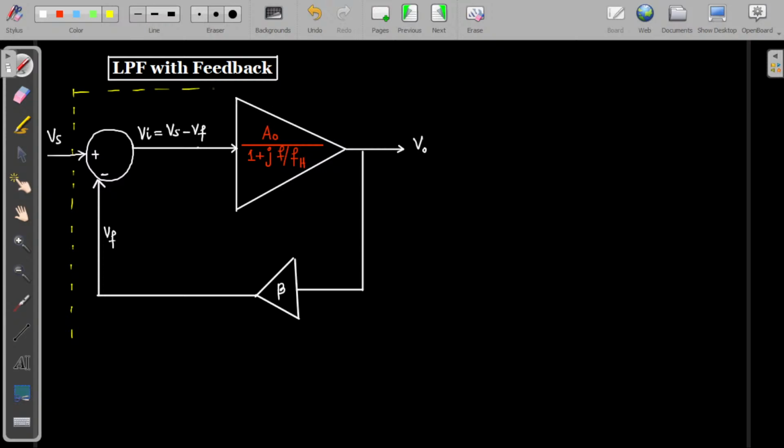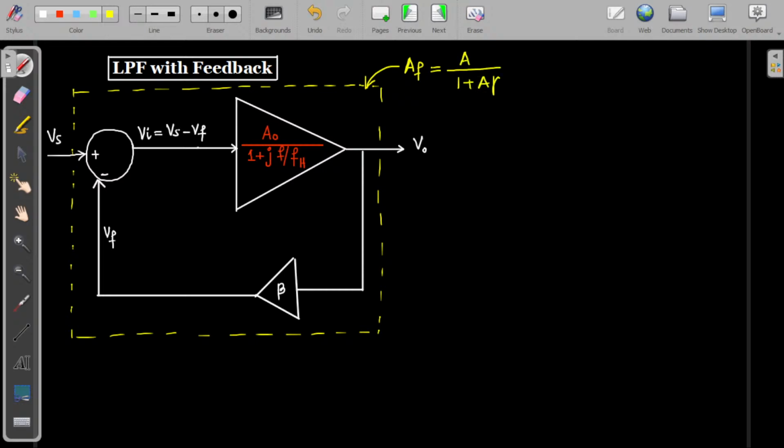If we consider this total system as a single block, then this block has a gain of AF, and AF will be equal to A by 1 plus A beta. What is the value of A right now?